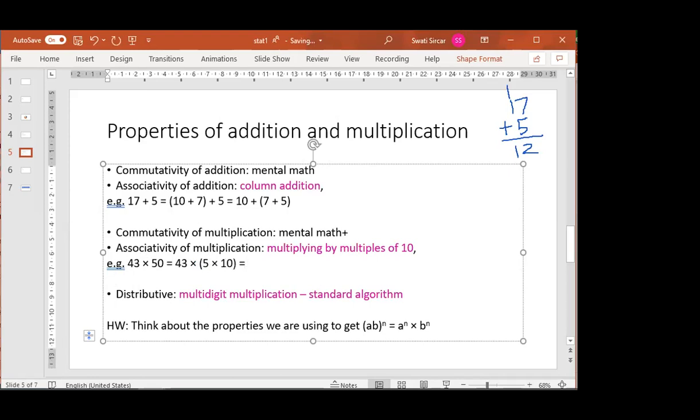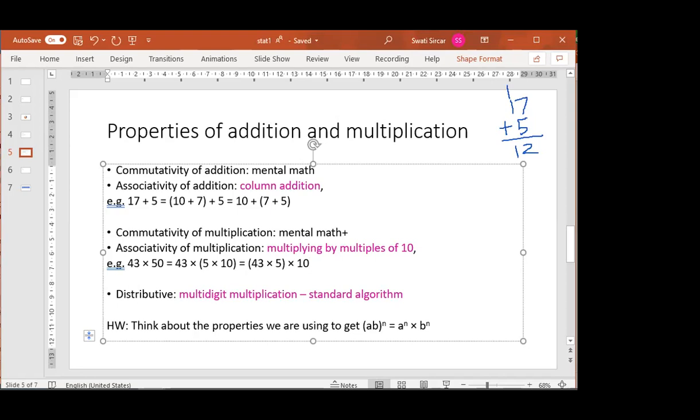This is what we asked: you multiply 43 and 5 and then you put the 0. Putting the 0 at the end essentially means you are multiplying by 10. So again, we are applying the associative property without being aware that we are doing it.